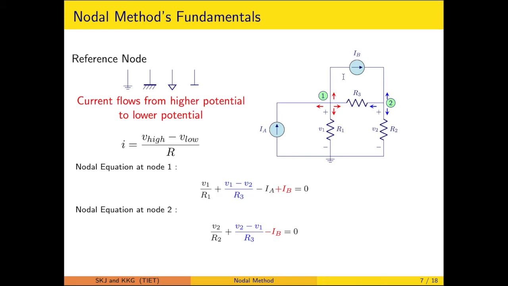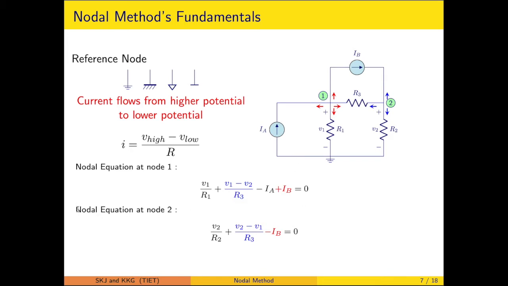Here it is IB, which comes out positive. So this is how the nodal equation is written. Although we are writing the equation as an application of KCL, only the node voltages are participating as unknown variables. IA and IB are current sources, so they are known in advance.